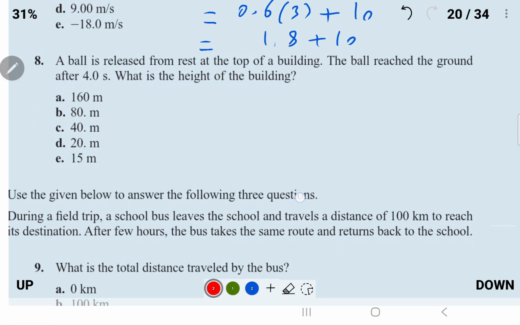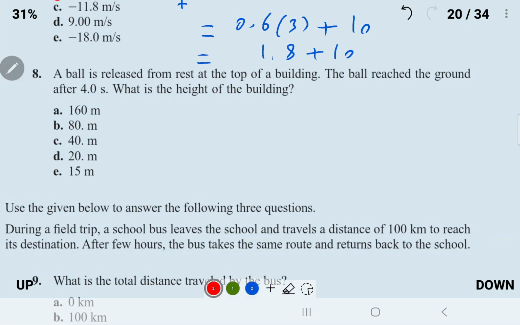Question number 8 now. A ball is released from rest at the top of a building. The ball reached the ground after 4 seconds. What's the height of the building? The height of the building, this is distance. So to calculate distance, you use equations of motion. The equation of motion you have to use is x equals half a t squared plus v0 t. Since we're saying from rest here, this means v0 equals 0.